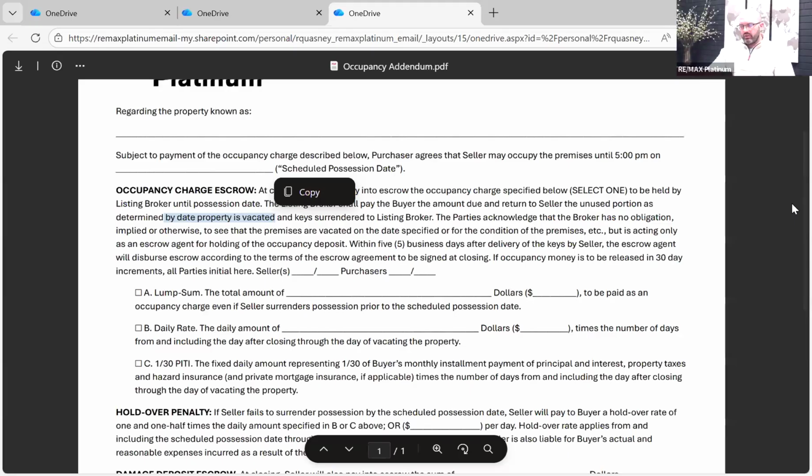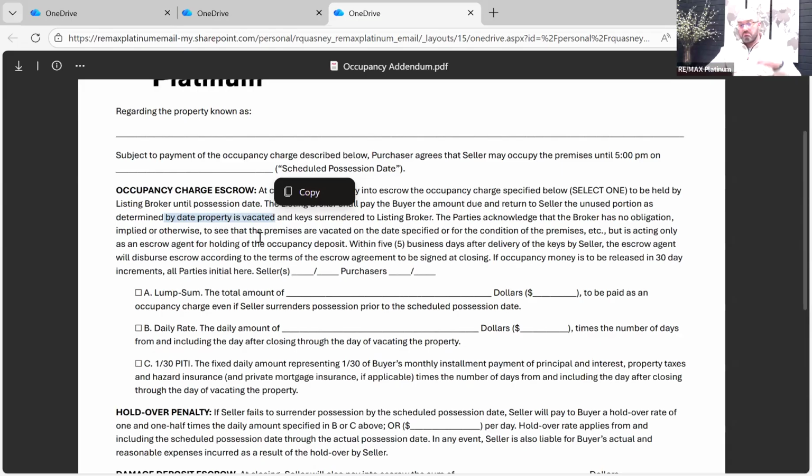One thing I do want to point out is if possessions are still there, like trash is still in the garage, then I would be arguing that the property has not been vacated at that point. And so that's the leverage we have. They may say, well, it's not actually damaged. Okay, it's not damaged like drywall is broken, but you haven't vacated, you haven't met the terms.